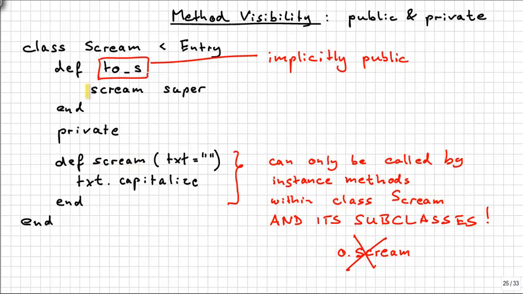Now notice how we call scream in the to_s method here. We're calling scream with a parameter of super, and by definition what this means is that super refers to the to_s method of the superclass of Scream, which is entry.